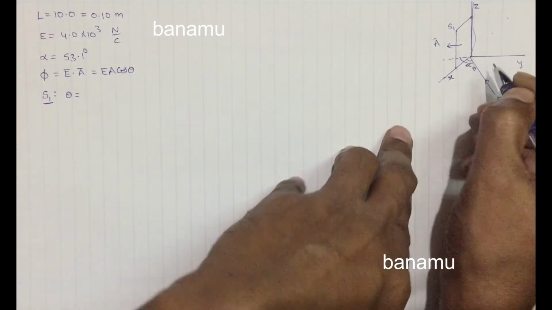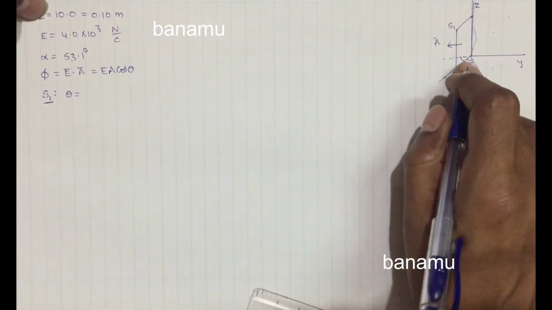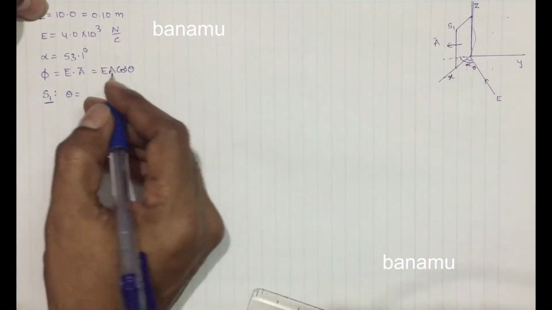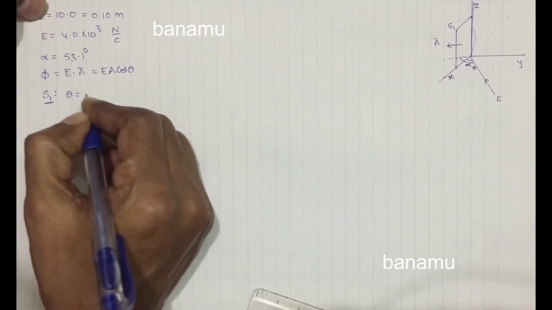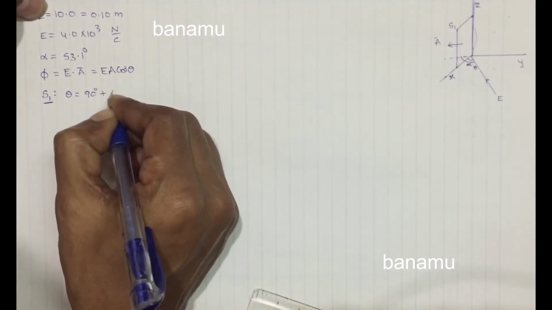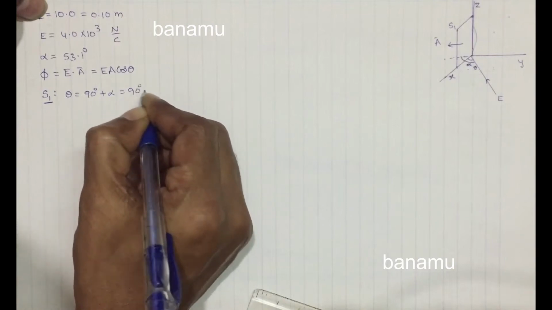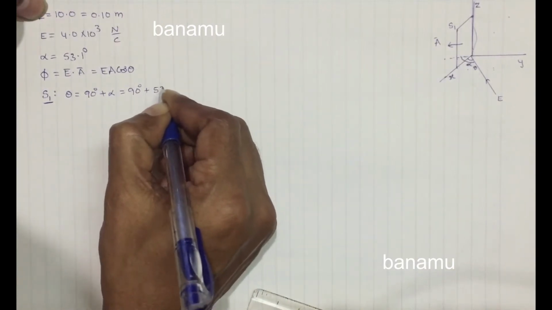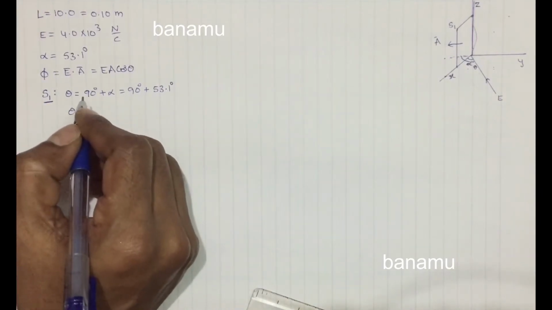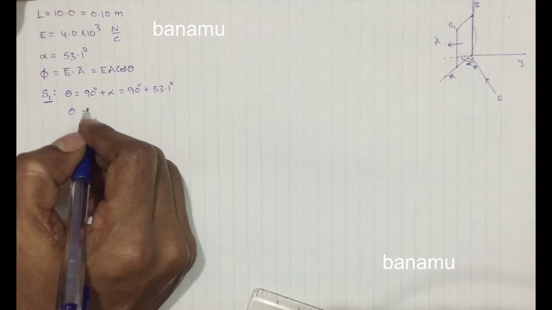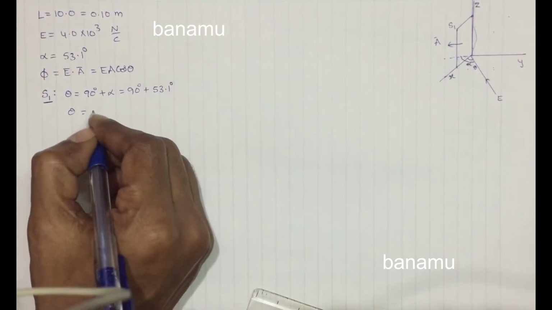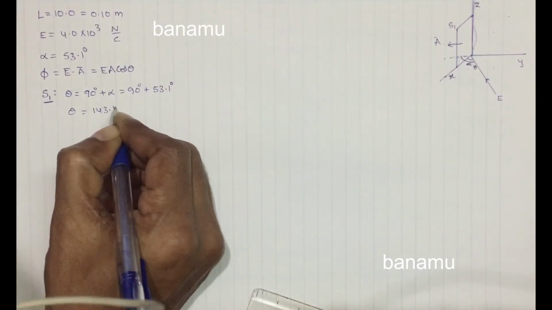The value of theta is 90 degrees plus alpha, which is 90 degrees plus 53.1 degrees, equal to 143.1 degrees.